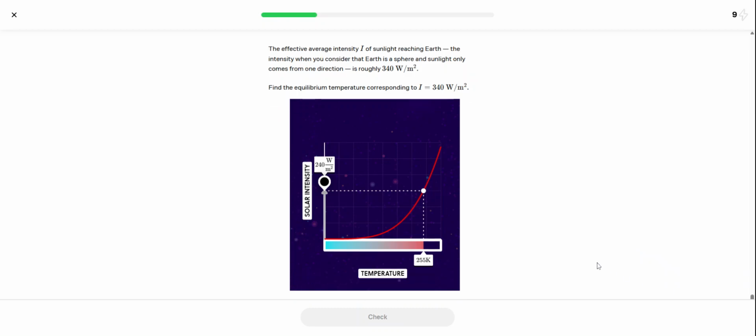So yes, the effective average intensity I of sunlight reaching Earth. The intensity, when you consider that Earth is a sphere and sunlight only comes from one direction, is roughly 340 watts per square meter.